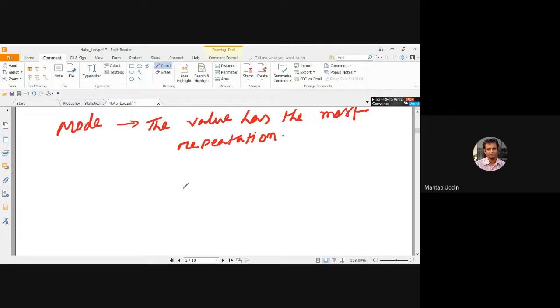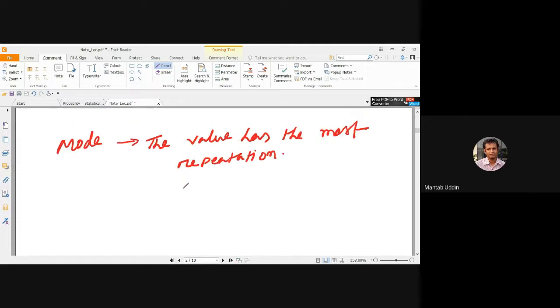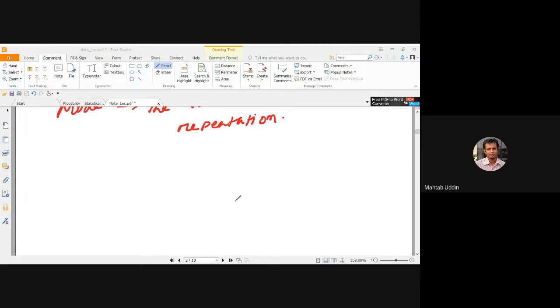Those things are required for ordered data. Let's try to make it clearer from an example. Say I am taking some values from example 4. They are already ordered.